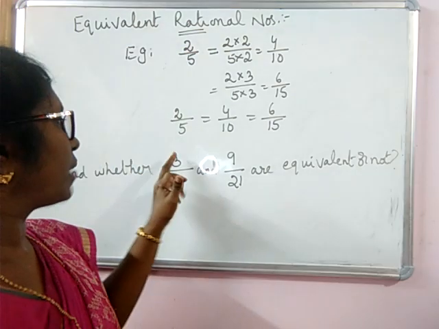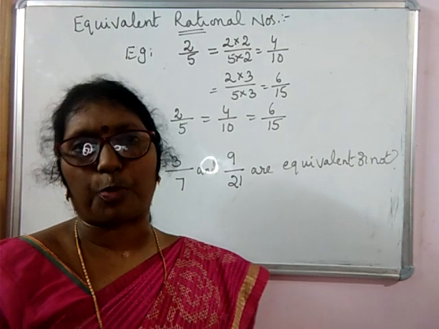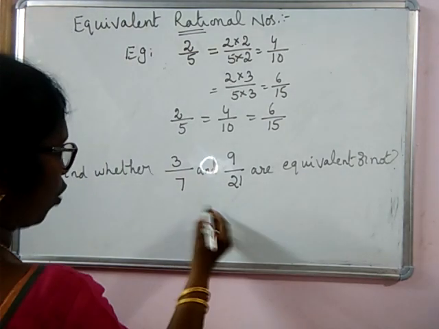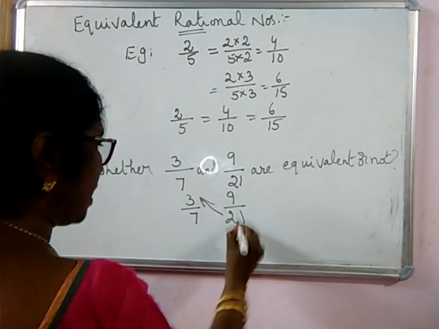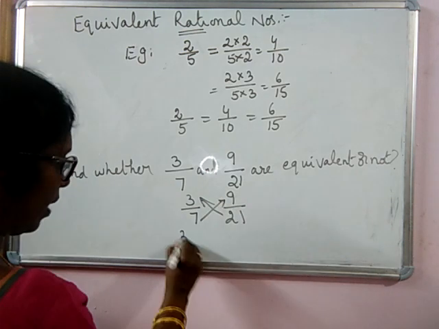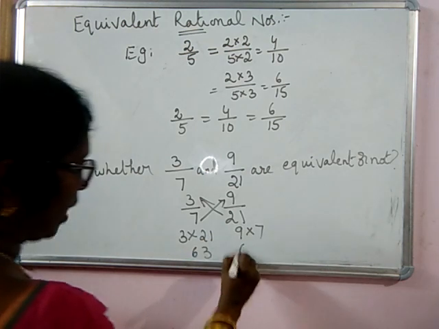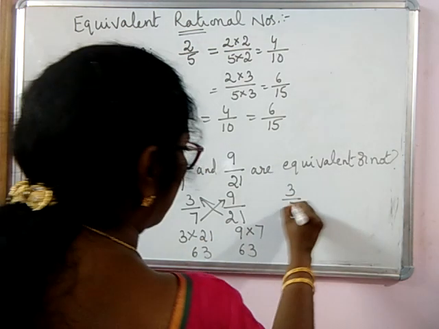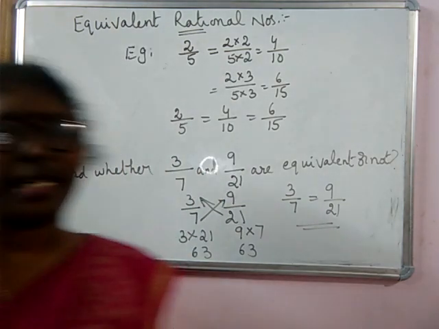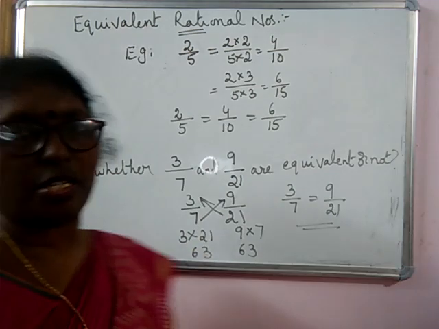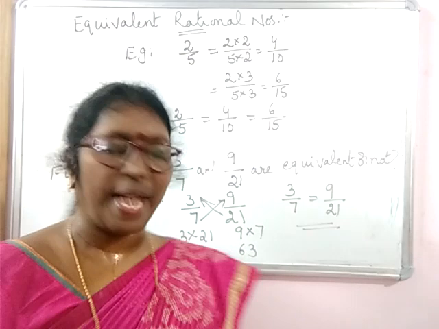You can see 3 into 3, 9, 7 into 3, 21. Other one is by cross product. What is cross product? 3 by 7 is here, 9 by 21. Bring this 21 this side, take this 7 this side. 3 into 21, 9 into 7. 3 21s are 63, 9 7s are 63. That means 3 by 7 and 9 by 21 are equivalent. By cross multiplication we can say that these two are equivalent fractions.